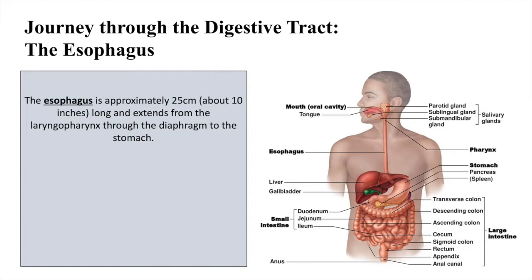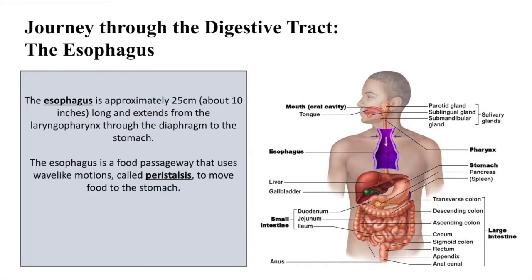The esophagus is approximately 25 centimeters long and extends from the laryngopharynx through the diaphragm to the stomach. The esophagus has no digestive or absorptive function and is essentially a food passageway that uses wave-like motions, called peristalsis, to move food to the stomach.